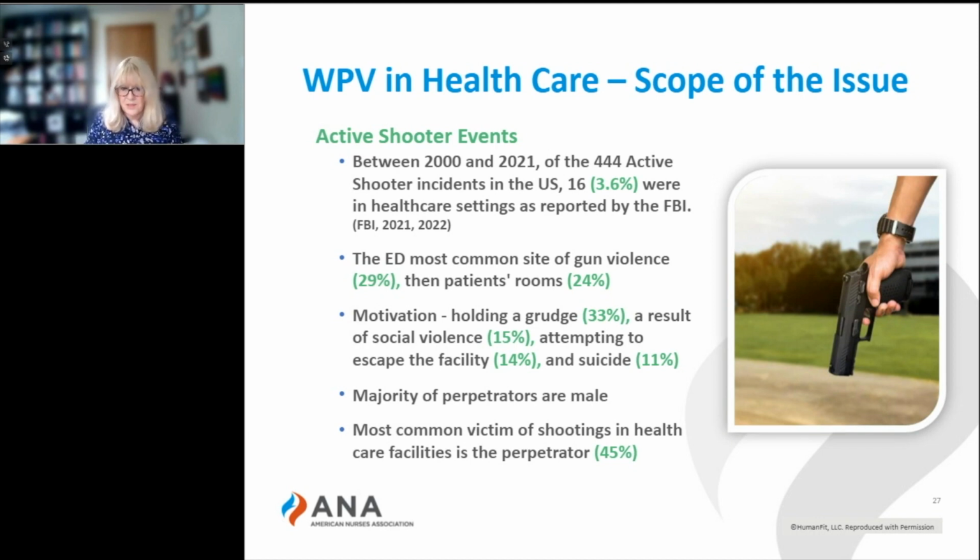We don't know much more at this time. And then most of the victims are also the perpetrator. Now, what's interesting is that 20% of the perpetrators did not bring their own firearm to the hospital. They secured that firearm from someone in the hospital. And we think about 8 to 10% of those cases, they secured the firearm from the security guard or police, if you have police in your hospital setting.